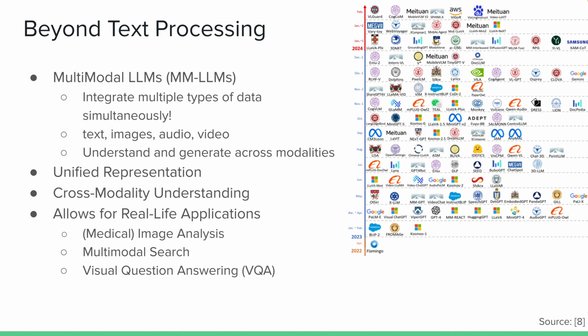This gives the models the ability to represent information in a unified way, which allows them to seamlessly bridge the gap between different modalities, enabling them to understand a more complete context. This cross-modality understanding allows for real-life applications such as medical image analysis, multimodal search, and visual question answering.